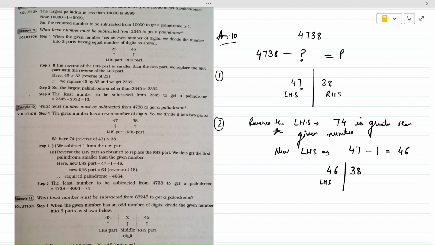This is my LHS and this is my RHS. Now next part, same. We are going to reverse the LHS. So if I reverse this 46, it will become 64, right? So the reverse of 46 is 64 here.